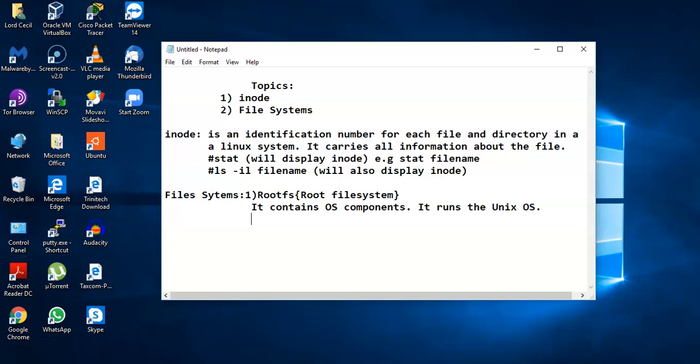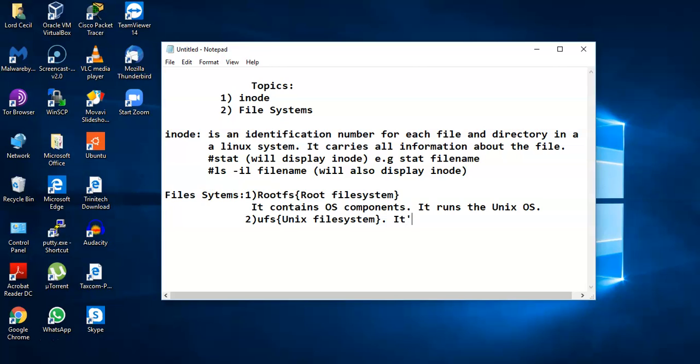Second file system, it's good to have knowledge of all. UFS means Unix file system. This is the default file system for the Solaris operating system. Even though we're not dealing with Solaris, it's good to have knowledge about it.